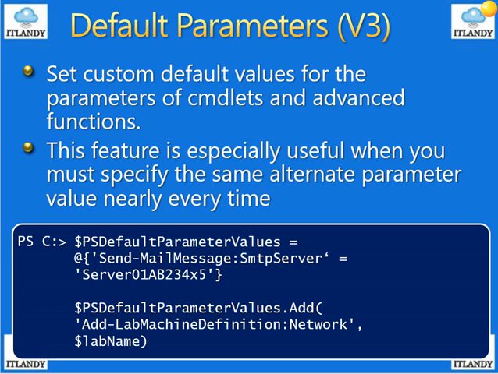It depends on the authors how they create them, but this feature is especially useful when you must specify the alternate parameter to be used with the command for a particular value which is difficult to remember, like object GUID and so on, or immutable ID. If the desired value varies, you can specify a script block and set custom default values for the parameters of cmdlets and advanced functions, and it's especially useful when you specify an alternate parameter.